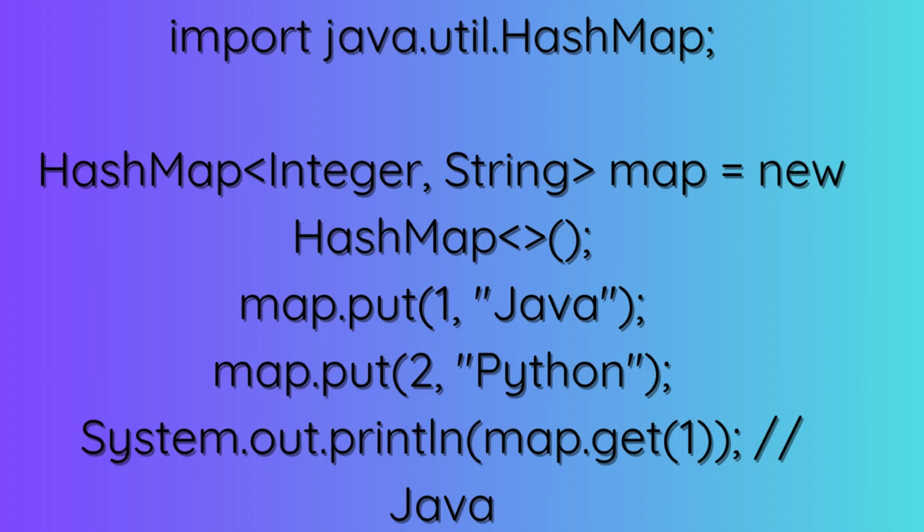When we run map.get(1), we will get the value stored on the key one. When we get one, we get Java because we stored the value Java on the key one. Yes, it is very understandable at that point.